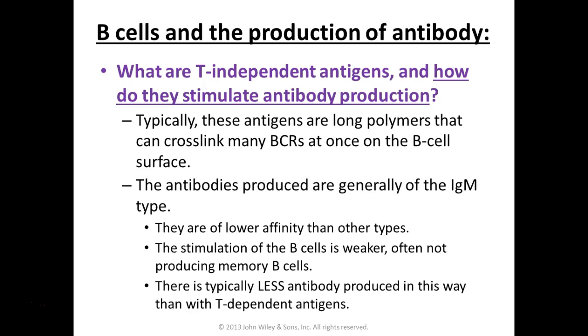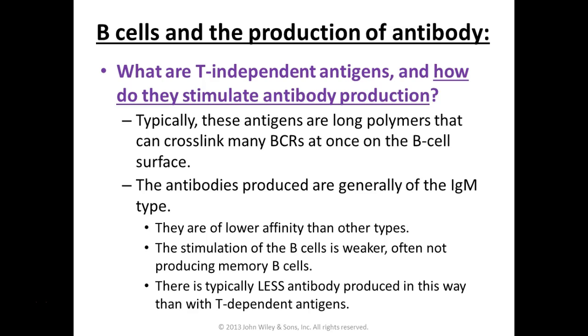Poly means many, mers referring to the subunit. So a protein is actually a polymer. It's made up of a lot of different amino acids. Molecules like LPS have a lot of repetitive components to them.